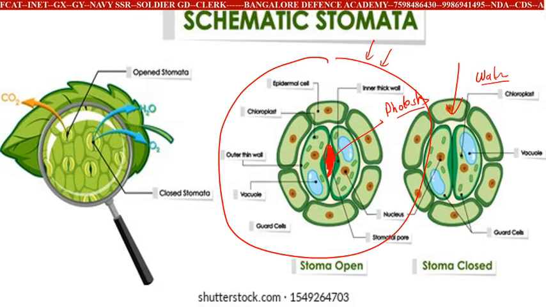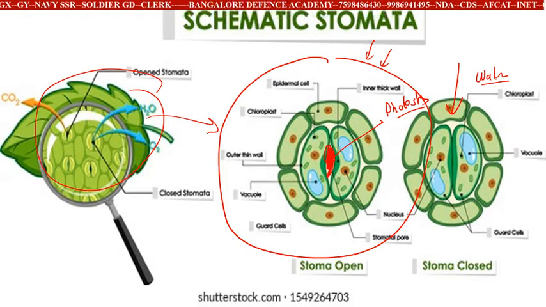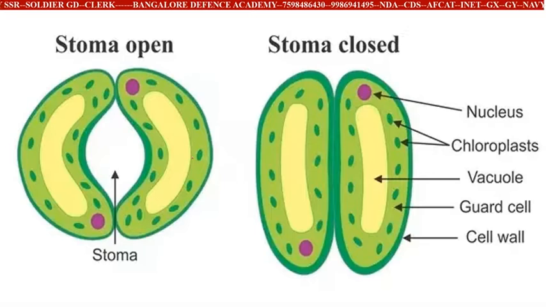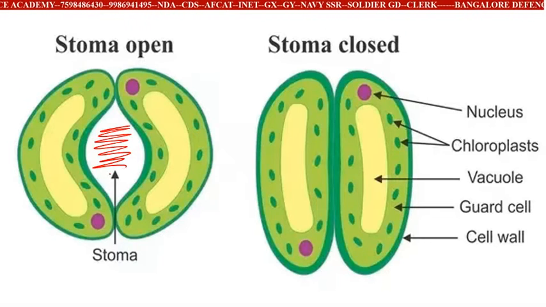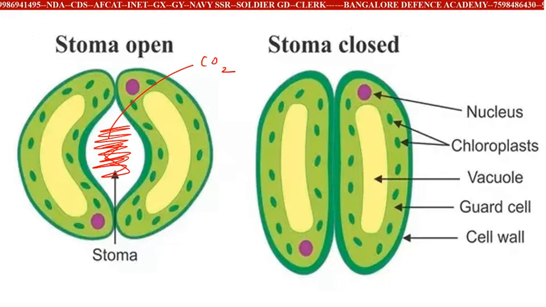And this is the leaf on the left-hand side, which has been magnified and shown to you in detail. So this picture will help you clear the doubts about what is meant by stomata and how these things take place. The white gap here is the place where the sunlight falls and the CO2 reacts and converts into oxygen.